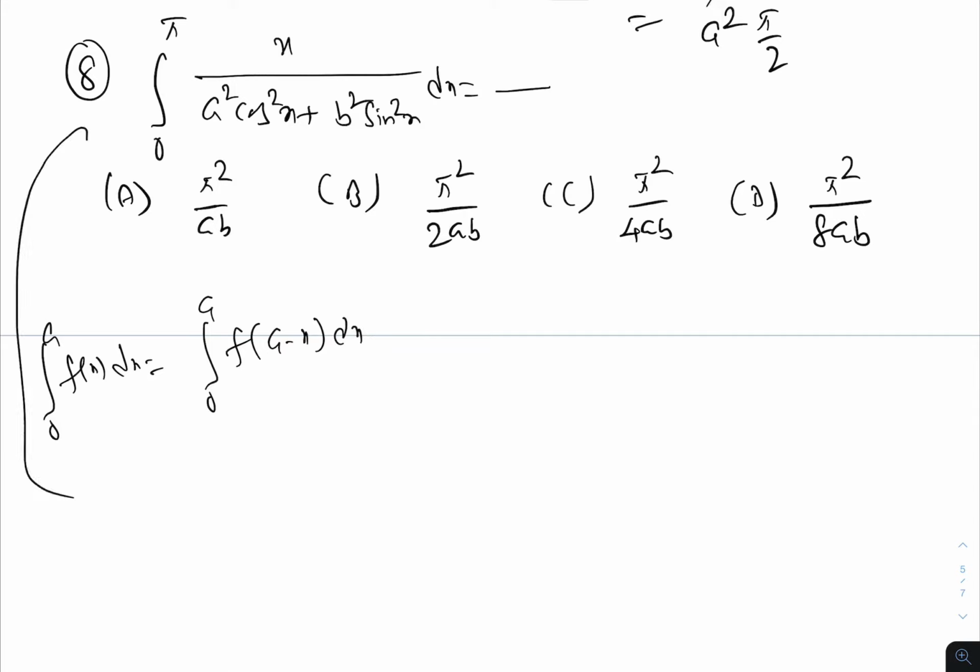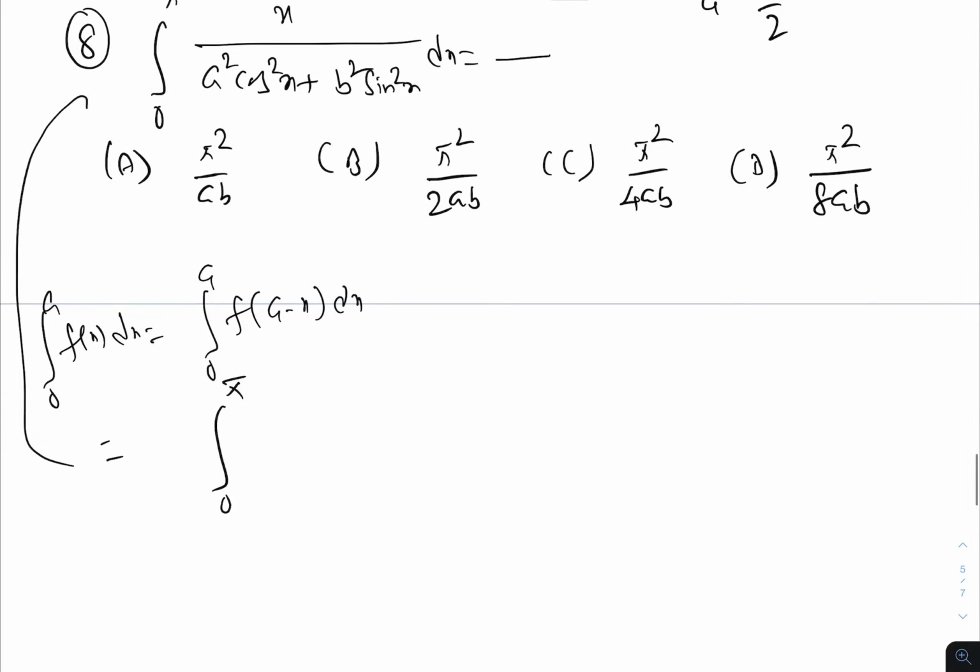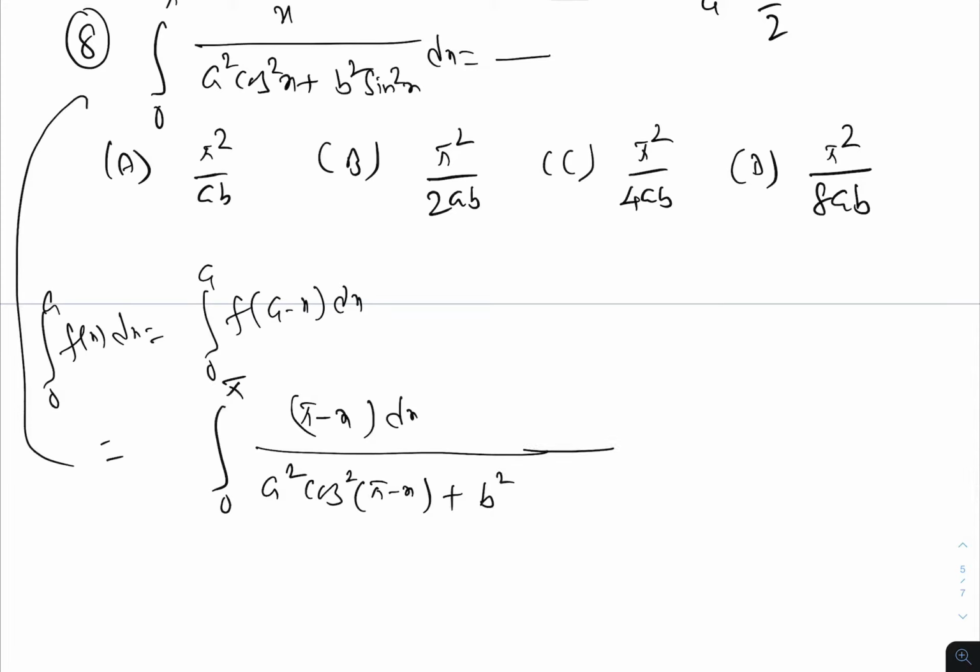So here we are using that property: integration 0 to pi, (pi minus x) dx over a square cosine square (pi minus x) plus b square sin square (pi minus x).